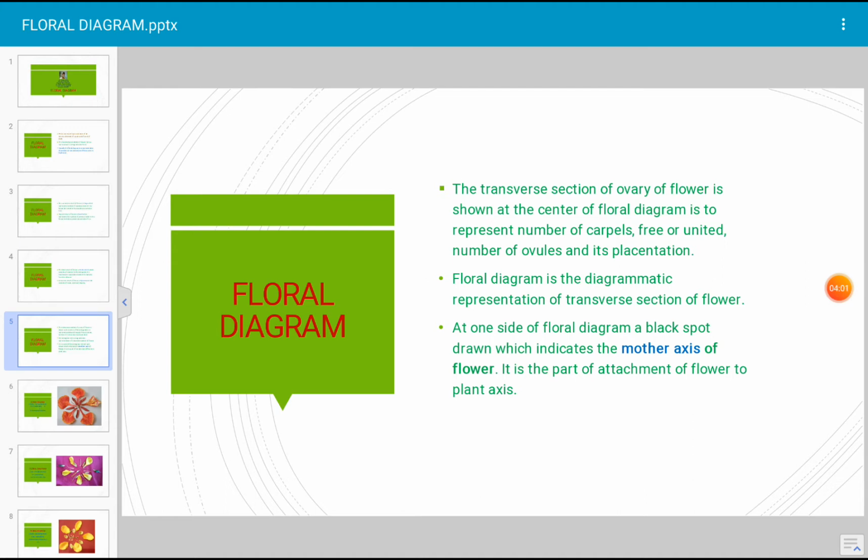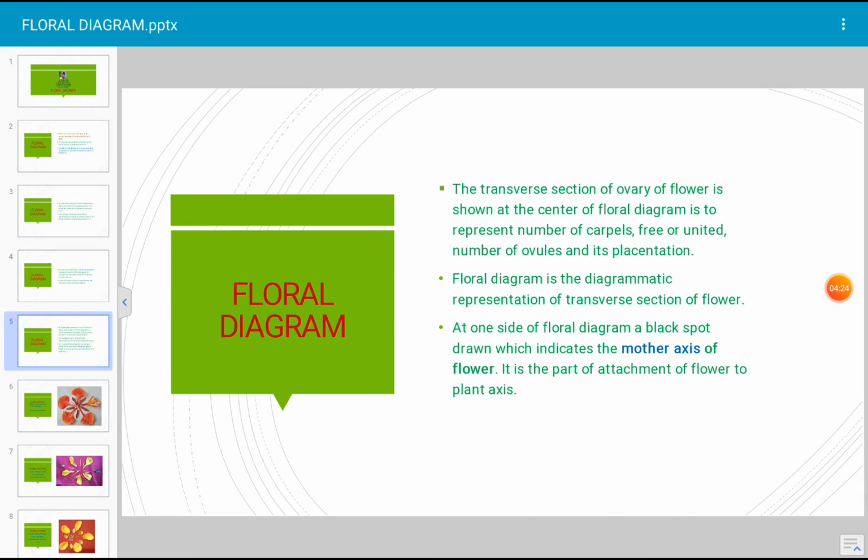Okay. And if you take a section of the ovary, the floral diagram shows the details of the ovary, and the transverse section of the ovary shows the center of the floral diagram, representing the carpels. Whether the carpels are free or united, and how many ovules are there, can all be shown in the floral diagram.